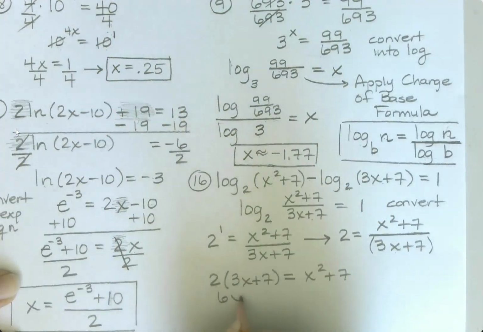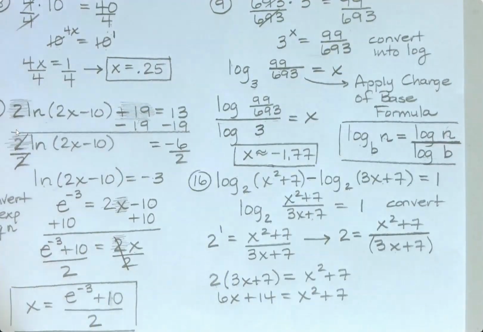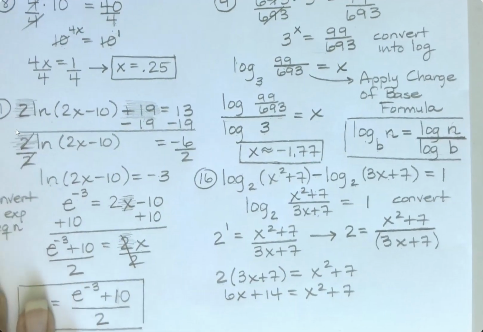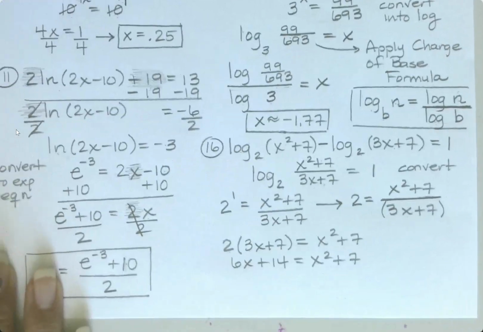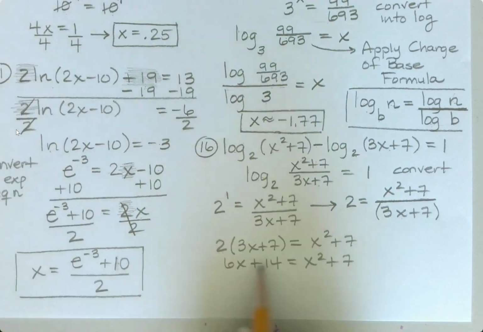Now, let's distribute. 6x plus 14 is equal to x squared plus 7. Whenever you have a quadratic term, in order to solve for the x's, you must set the equation equal to 0. So that means these terms have to move over to the other side. I want them to move over to this side because here's where my x squared term is.